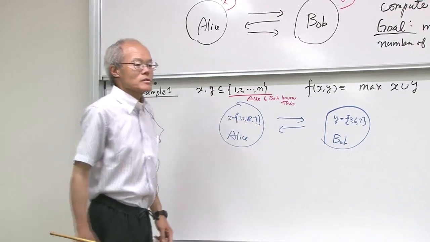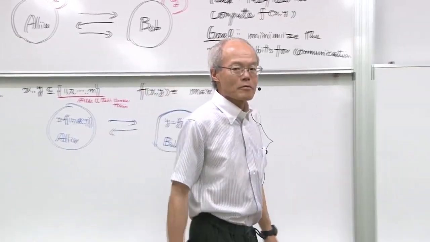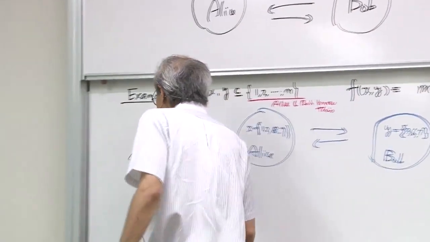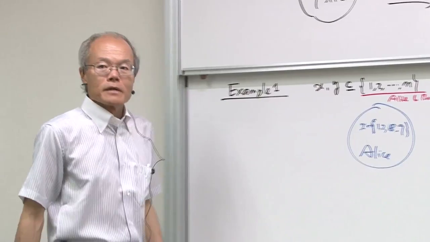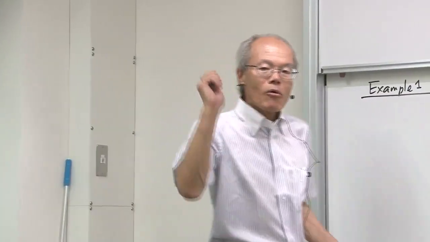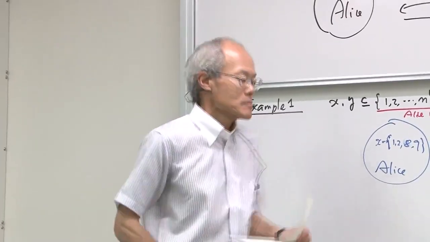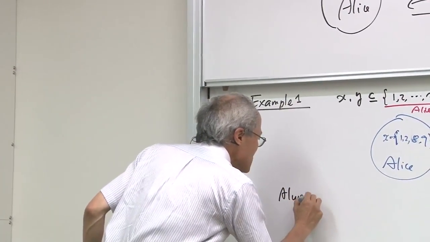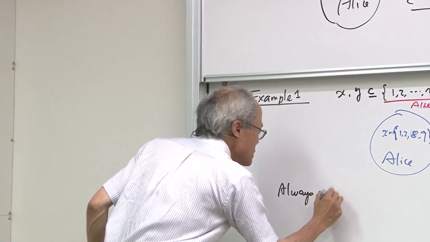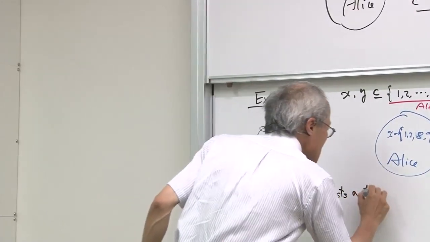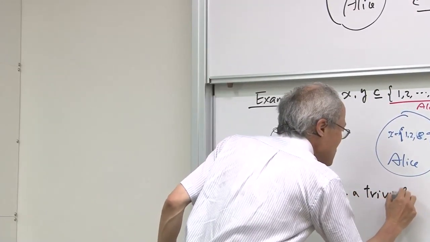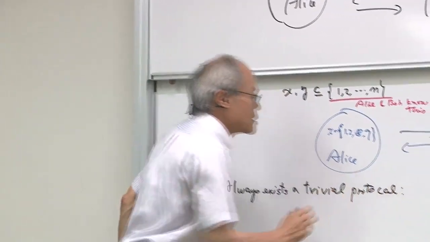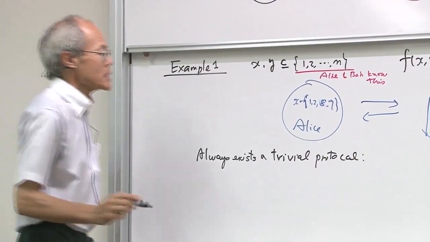So what is the protocol? I'll tell you the important fact about this problem. There is always a trivial protocol, meaning Alice sends x.